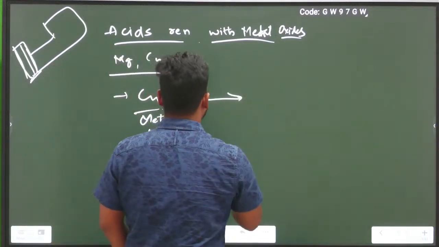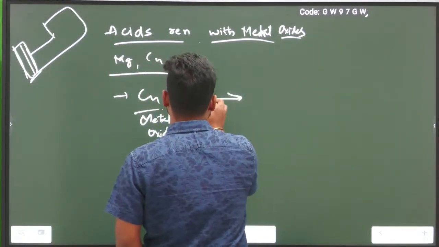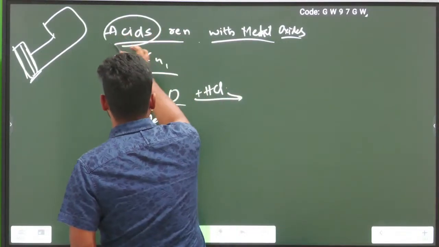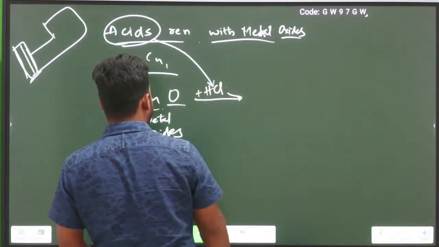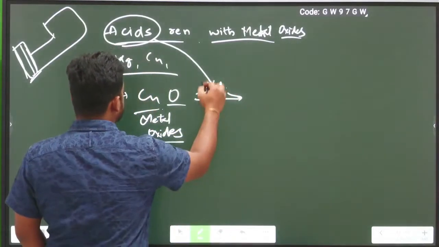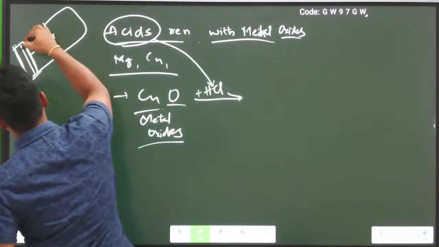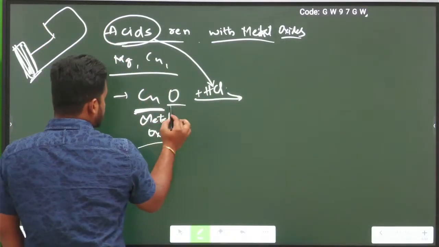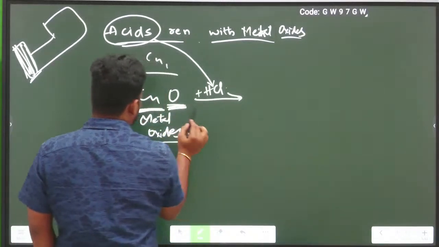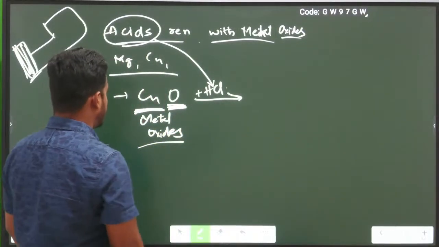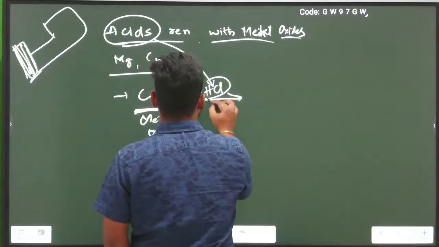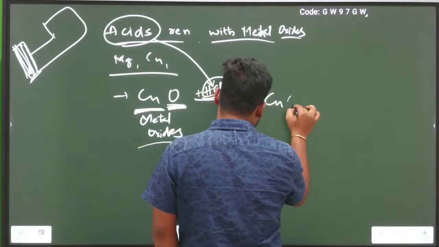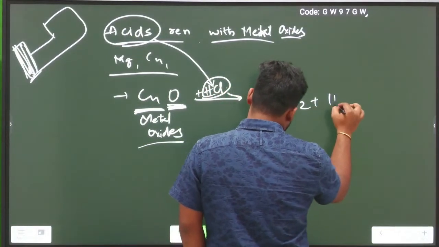These metal oxides are going to react with acid. Acid means this HCl. Metals are from the first and second group elements, and copper. This copper reacted with oxide, in the presence of HCl, gives you CuCl2 plus H2O.